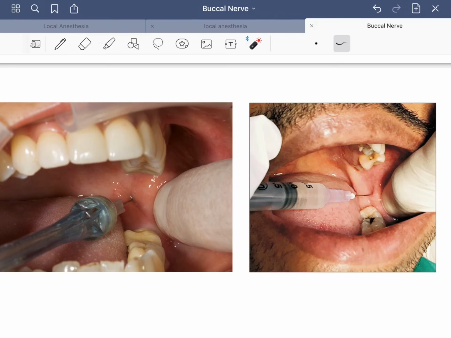As shown in these pictures, the area of insertion is distal and buccal to the most distal molar in the arch.